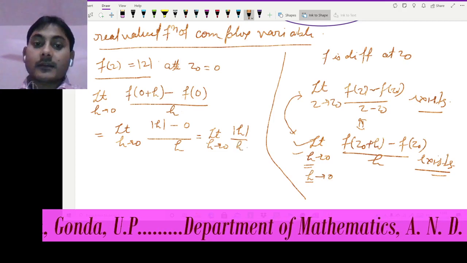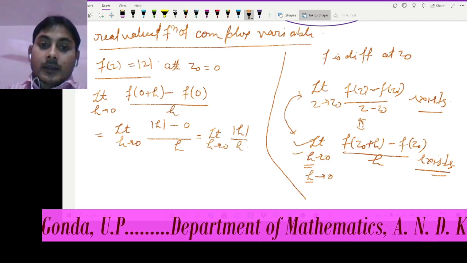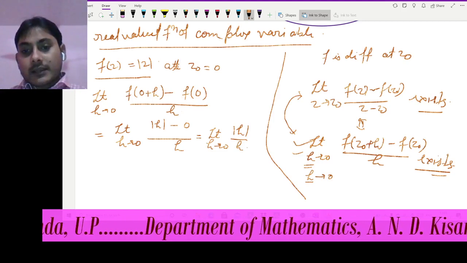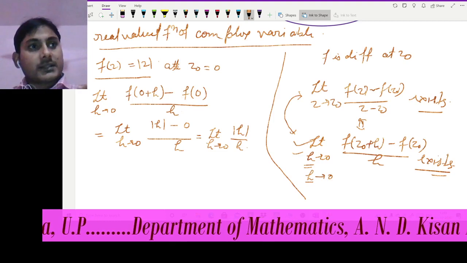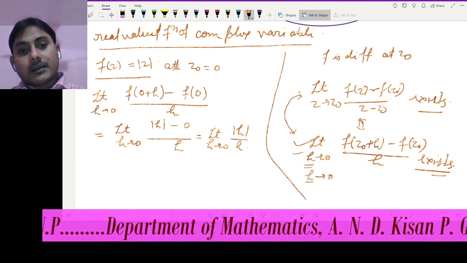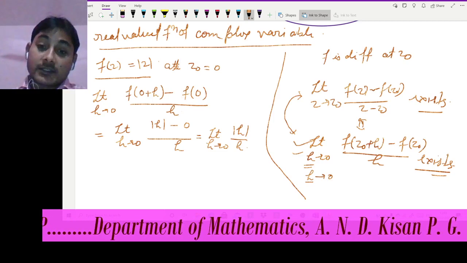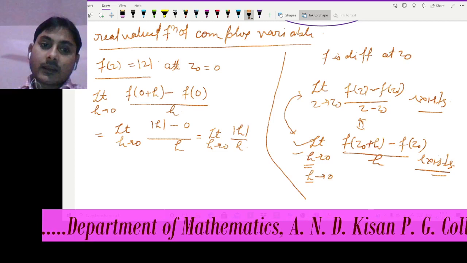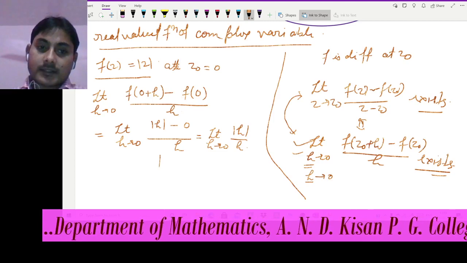Is it correct? As I have mentioned earlier, h is a complex number here, which is approaching 0 by following different paths. So I'm taking two particular paths.